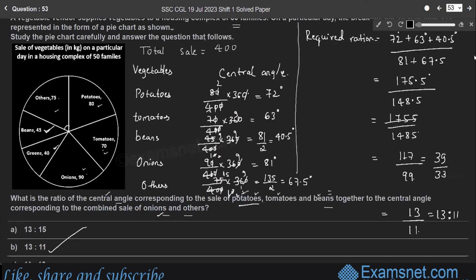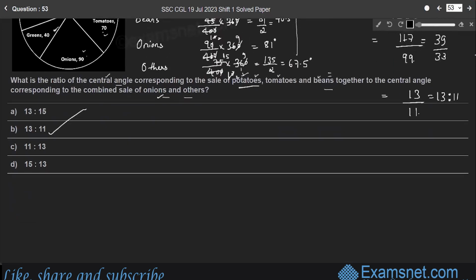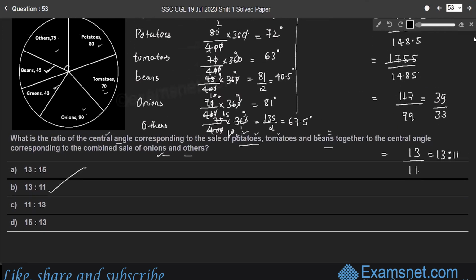Here the second method is to directly take the ratio of the sale of the corresponding vegetables. Right? So method 2. In that, the required ratio is, right? The sale of potatoes is 80 plus tomatoes 70 plus beans 45 is to onions and others: onions is 90, sale of others is 75.